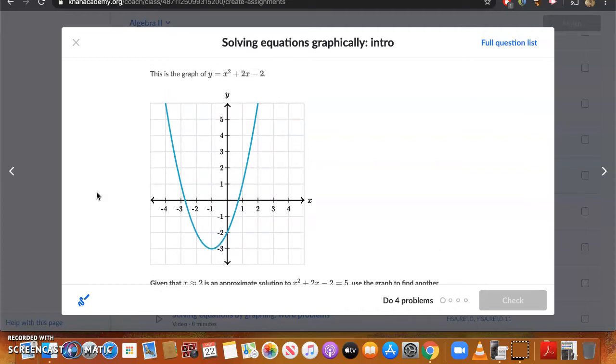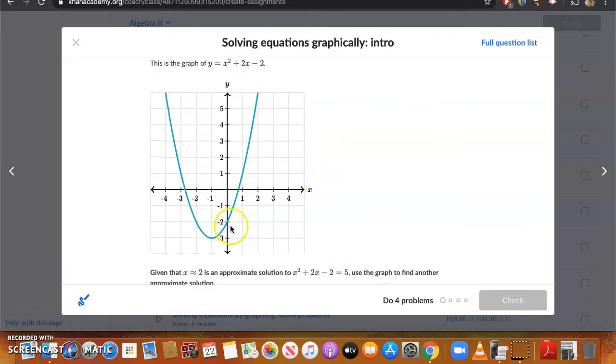So what they're saying here is, if you look, this quadratic function is approximately equal to 2 when this function is equal to 5. So let me highlight that for you.